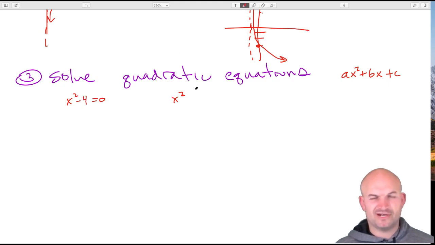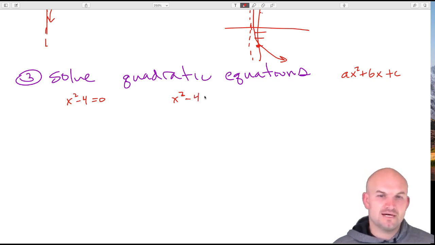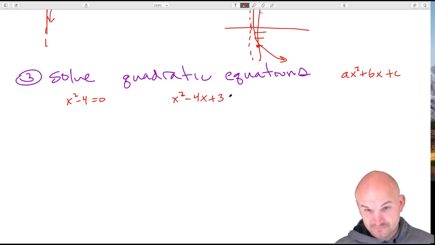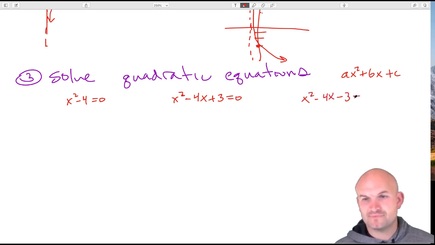You could do 5, but I'll try to keep things fairly basic. Let's do x squared minus 4x plus 3 equals 0. And then let's do x squared minus 4x minus 3 equals 0.